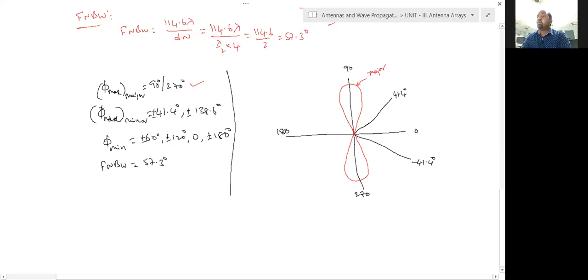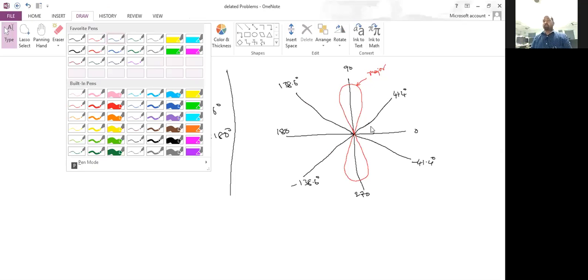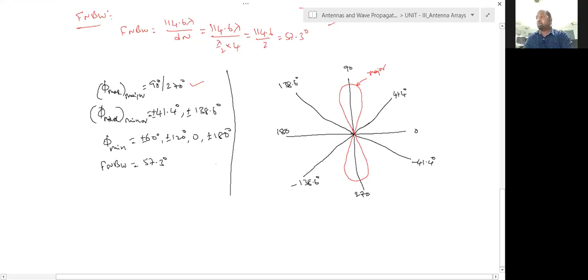And 138.6, so somewhere here you'll get 138.6, and minus 138.6 degrees. So these are the maximum directions of minor lobes.